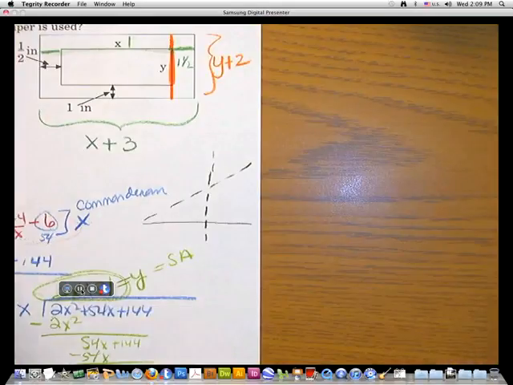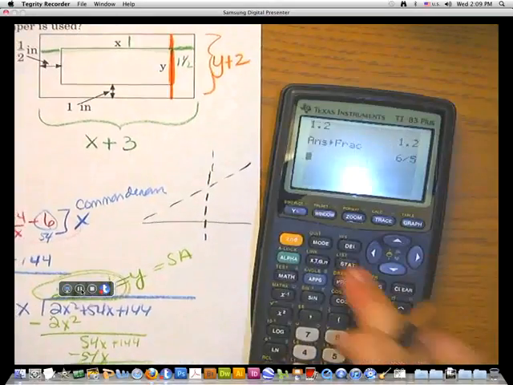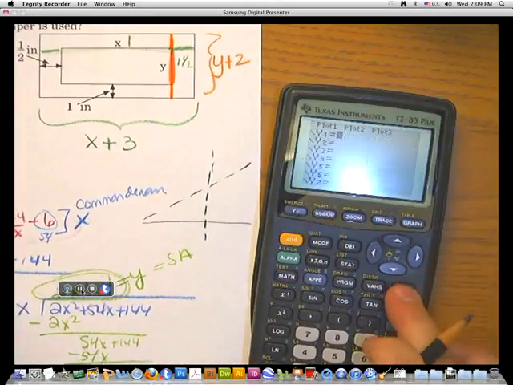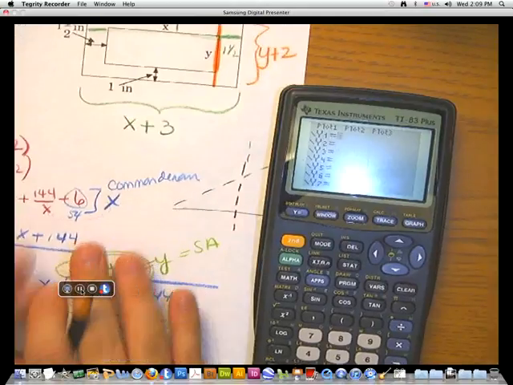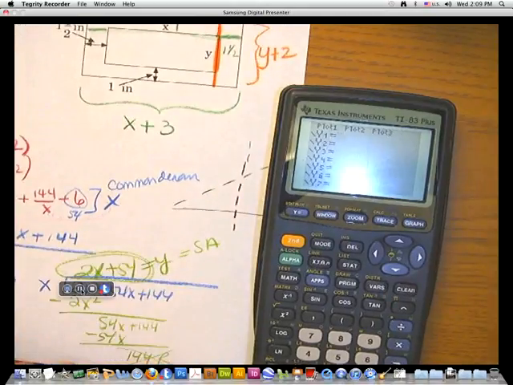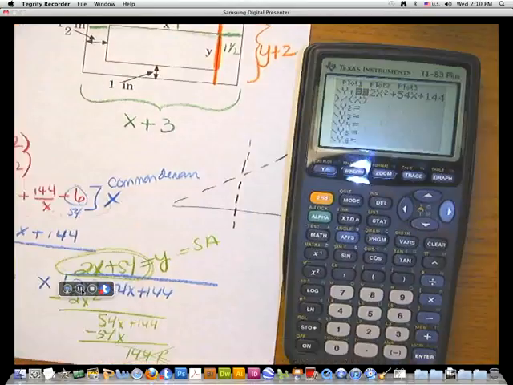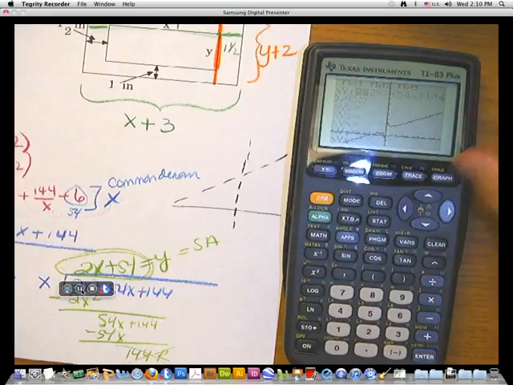And I'm going to use my calculator to do a really quick sketch of what this equation would look like. The equation that I'm going to punch in is what I came up with for my area, the 2x squared, 54x, 144, all divided by x.